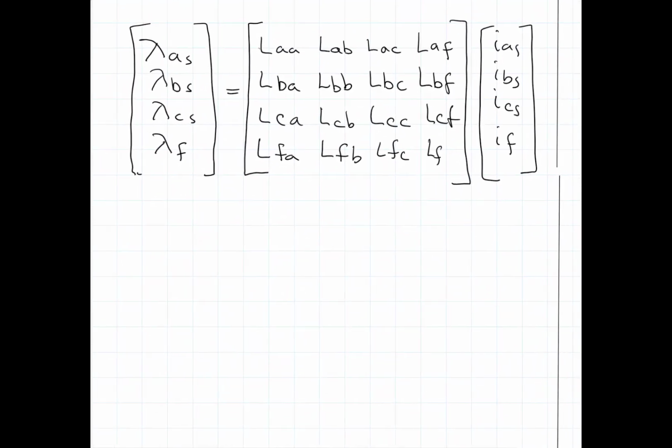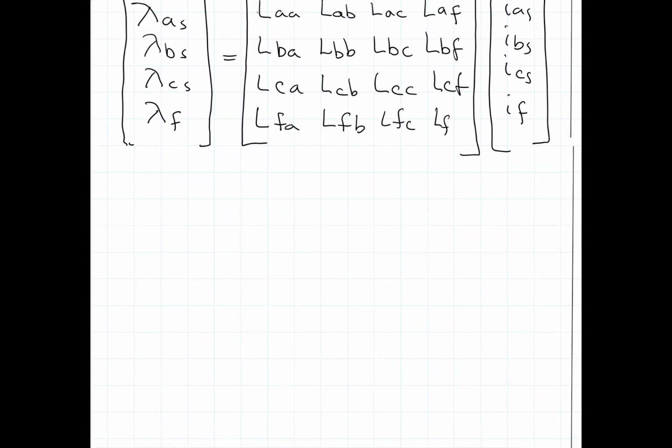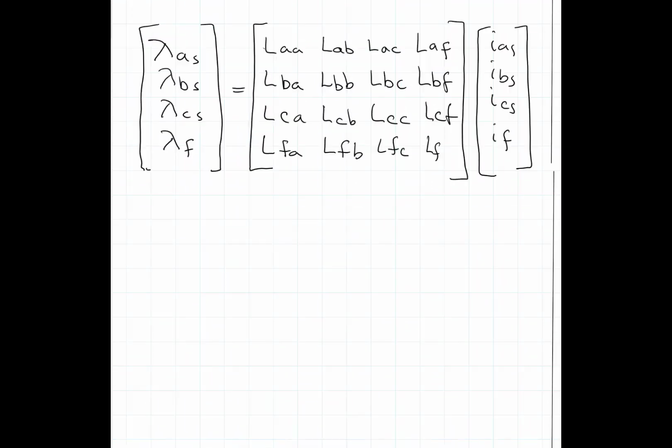Let's also, before we explain what we're going to do about that, write the voltage equations. So we're going to have a stator voltage equation, and it's going to be the derivative of lambda A stator plus the resistance of the stator.